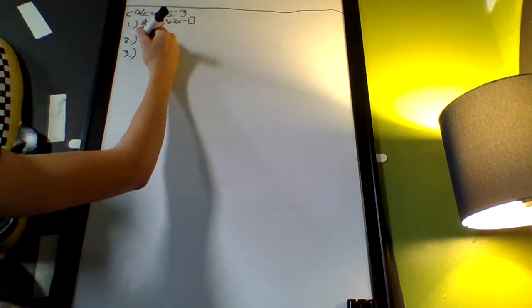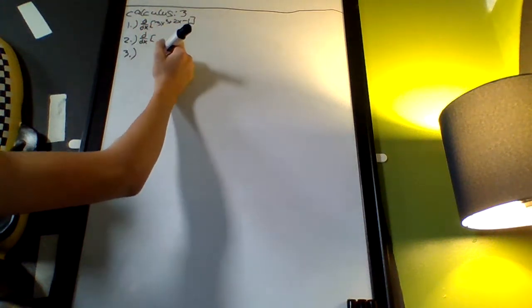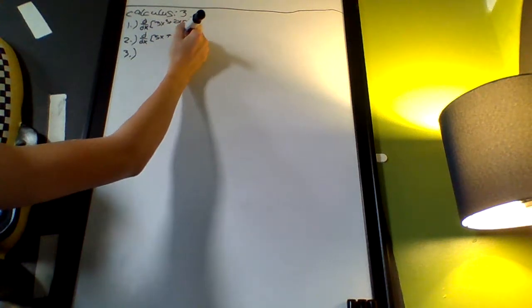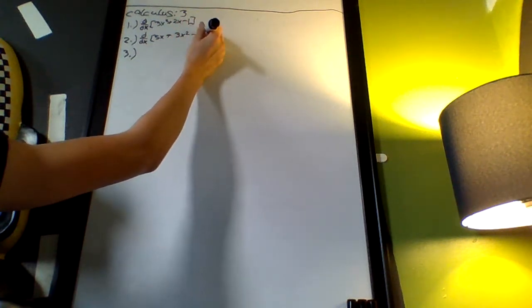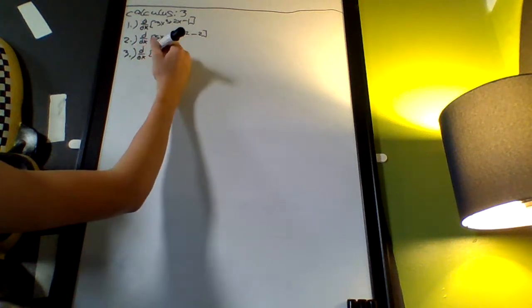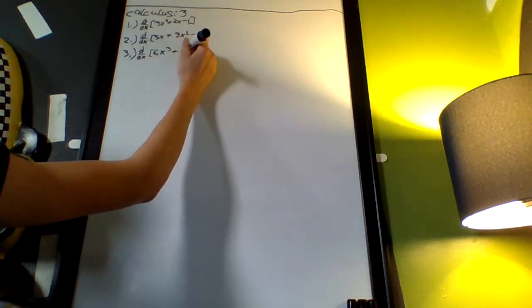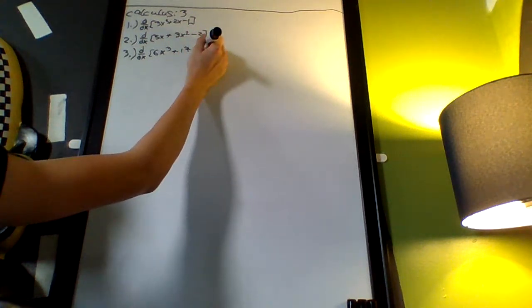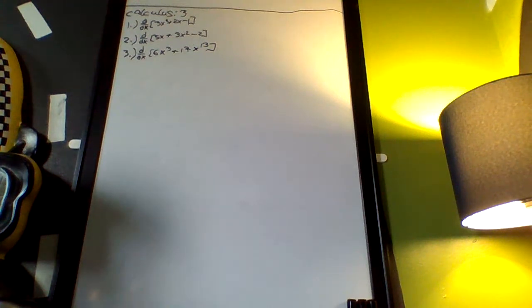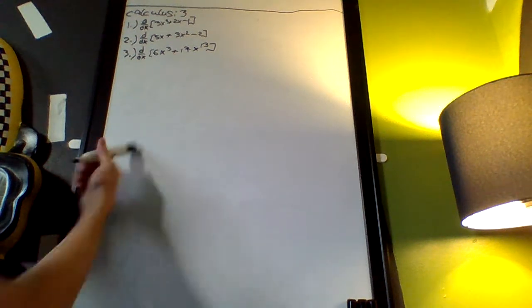And what's the derivative of 5x plus 3x squared minus 2? And then what's the derivative of 6x cubed plus 17x to the 13th? Okay? And just as a reminder, this is some new information actually.